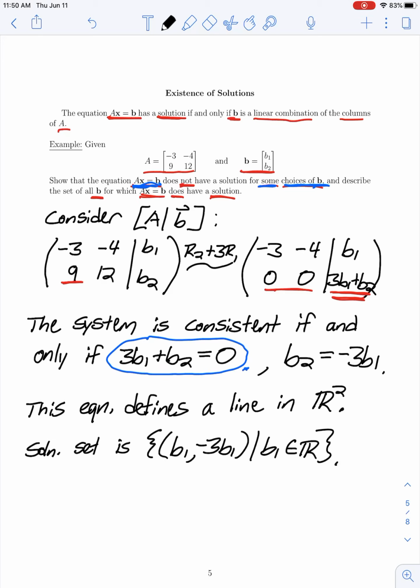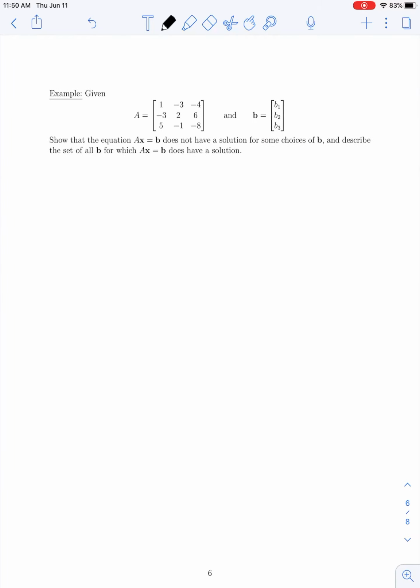So this defines a line in the real plane, line here of slope -3, y-intercept 0, so passing through the origin.